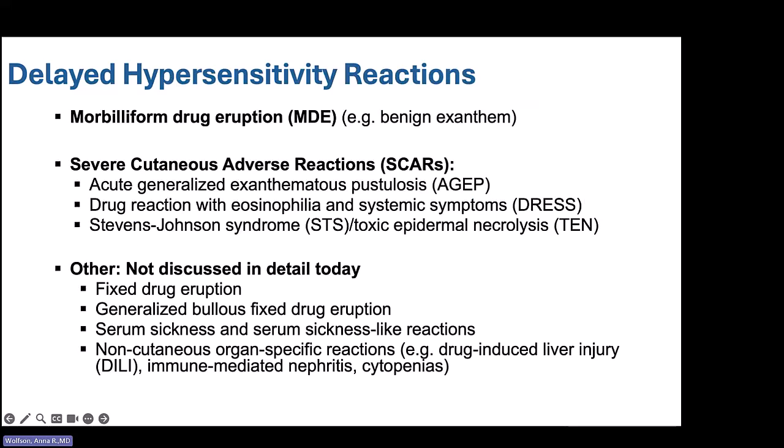Delayed hypersensitivity reaction, so by far the most common, is morbilliform drug eruption, or MDE. This is a benign exanthem, a benign rash, and is so common, and we're going to talk quite a bit about it. We have the category of severe cutaneous adverse reactions, or SCARs, and so when you're speaking to people about drug allergy, they will often say, that was a SCAR, and they mean this category of reactions.